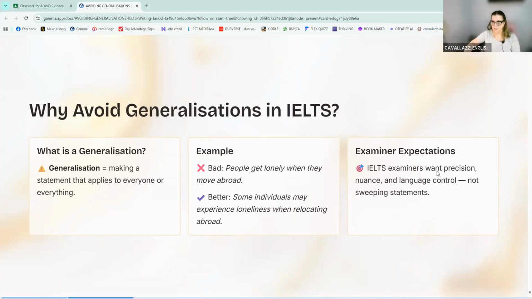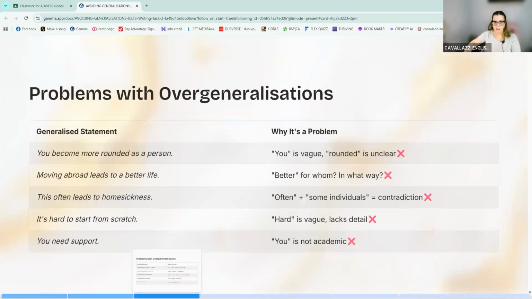The examiner expects you to be particularly precise about this, to have control over the language. When you're making a statement, especially about something that not everyone, not everything is utilized or done, it's important to consider the context.